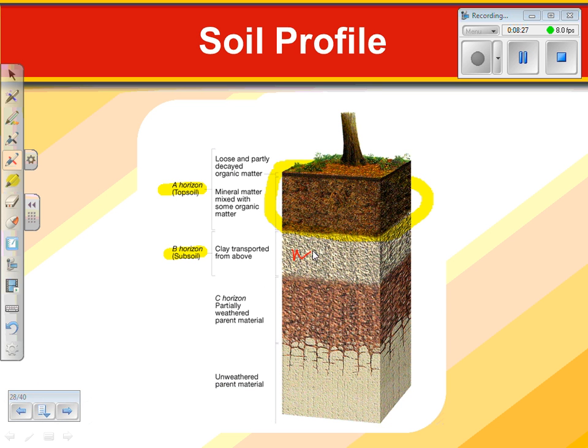There should be more red or rust in here. The clay has leached down and it oxidizes and is typically weathered. And then, of course, the C horizon, partially weathered. This is where you're going to find more of the rock material as this bedrock weathers.